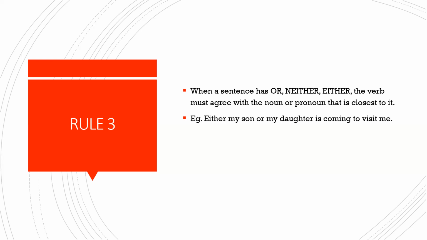One of them is coming to visit me. Get it? If, for example, you have neither there, neither the boys nor the girls has a pencil. So we are not talking about the boys and the girls. We are talking about the boys as one group, and we are talking about the girls as the second group. So neither the boys nor the girls has a pencil.